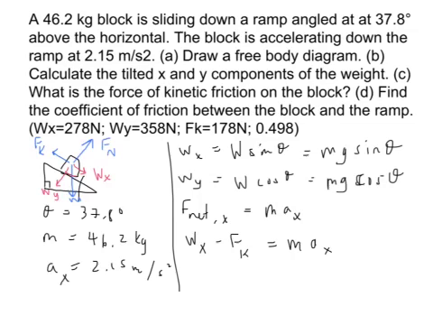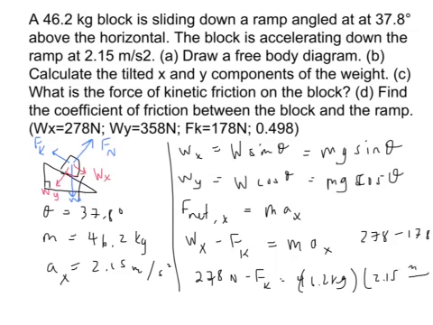So Wx is the previous value, 278, minus Fk. Plug in for mass, you get 46.2. And you plug in for acceleration, 2.15 meters per second squared. And although that's messy, you can kind of follow. So you solve, and the value of kinetic friction that you get is 178.